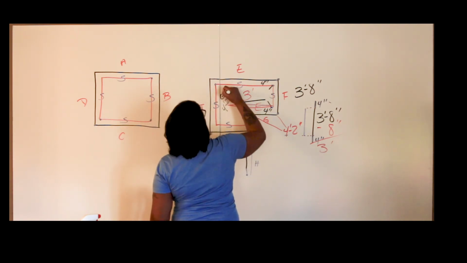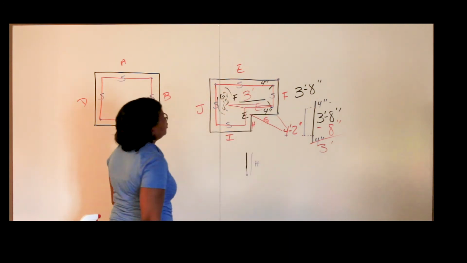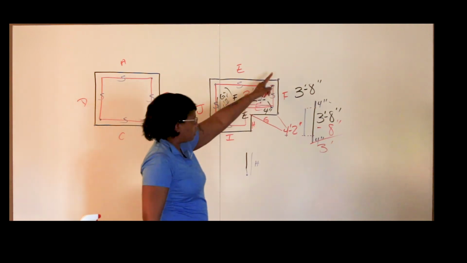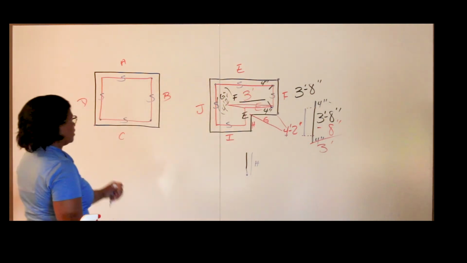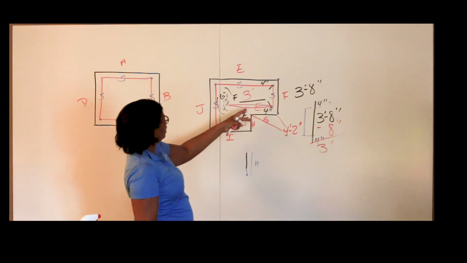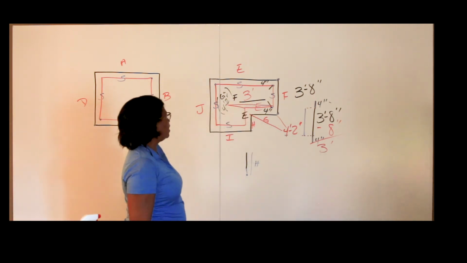G equals 4 feet 2 inches. I know that's shorter than this outside wall over here, but I'm just throwing numbers out there. Again, if it's equal, it doesn't change.